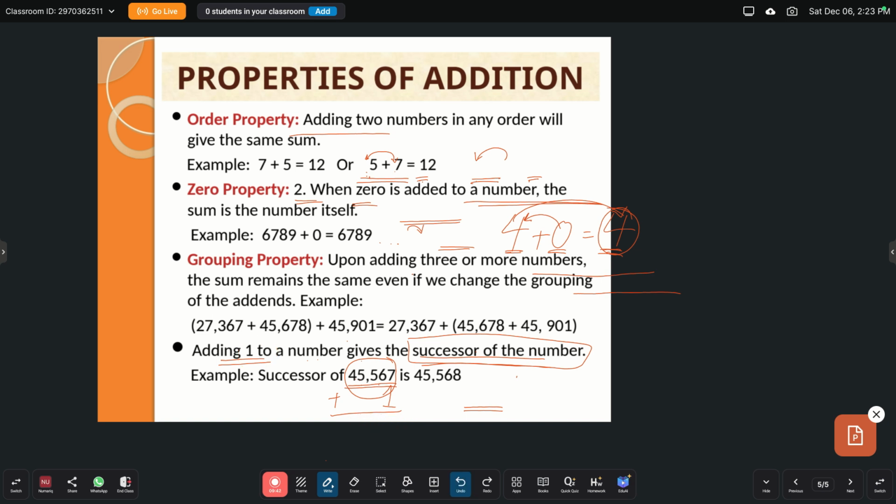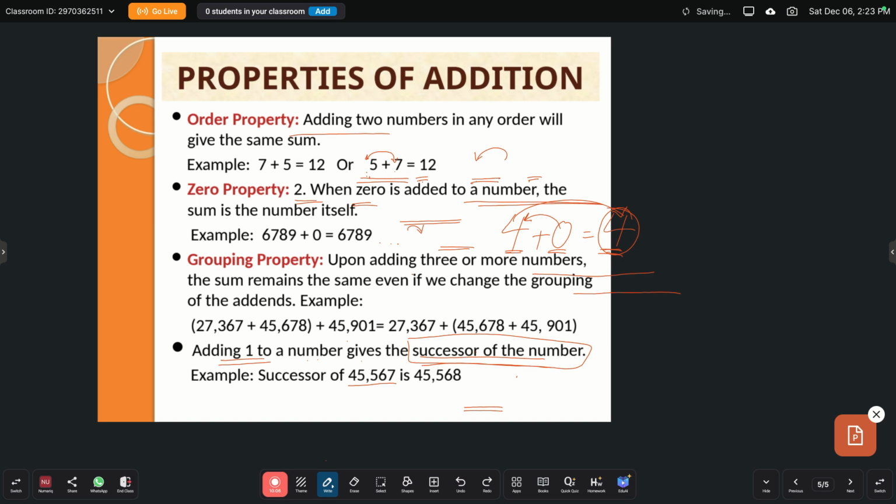Okay? See, beta? So, we learned the properties of addition. Our first property was order property. It says that adding two numbers in any order will give the same sum. Second property is zero property. It says that whenever we add zero to any number, the sum is the number itself.